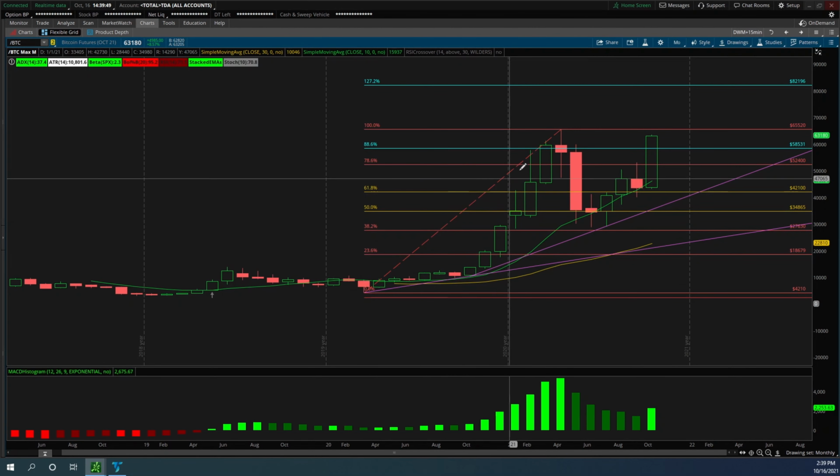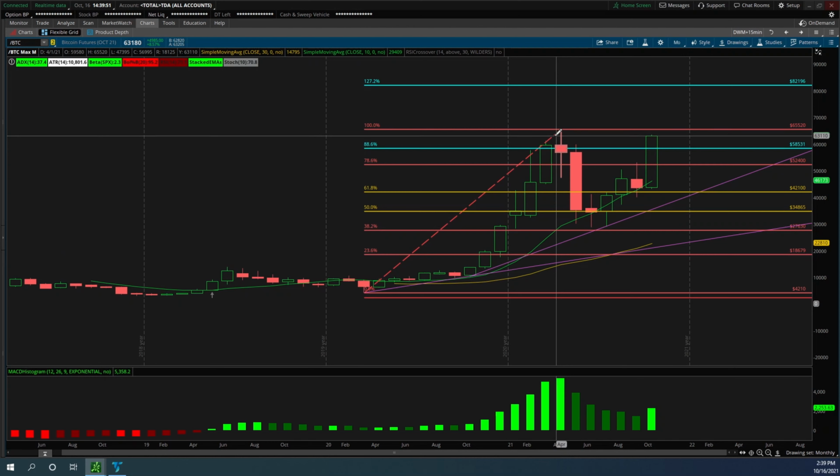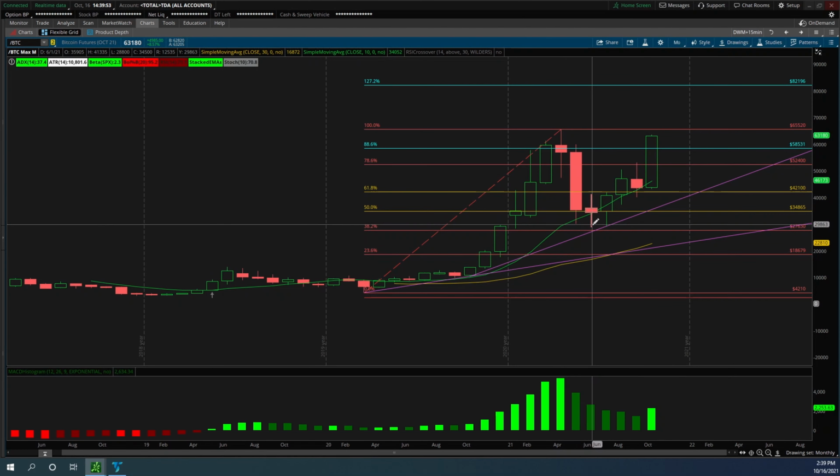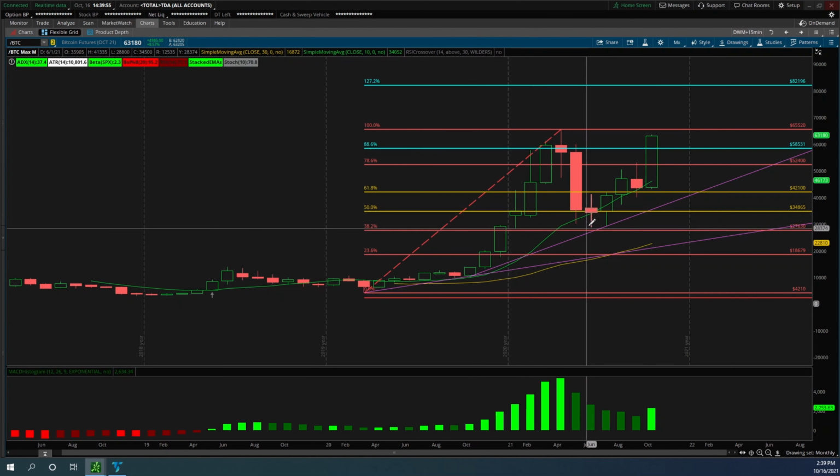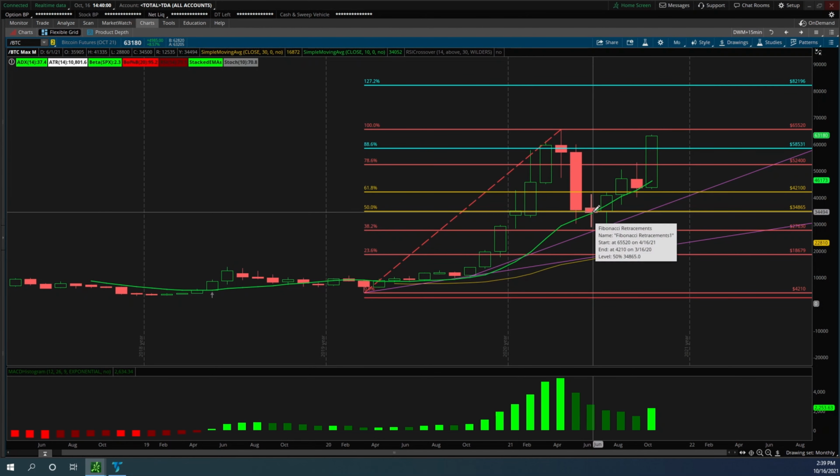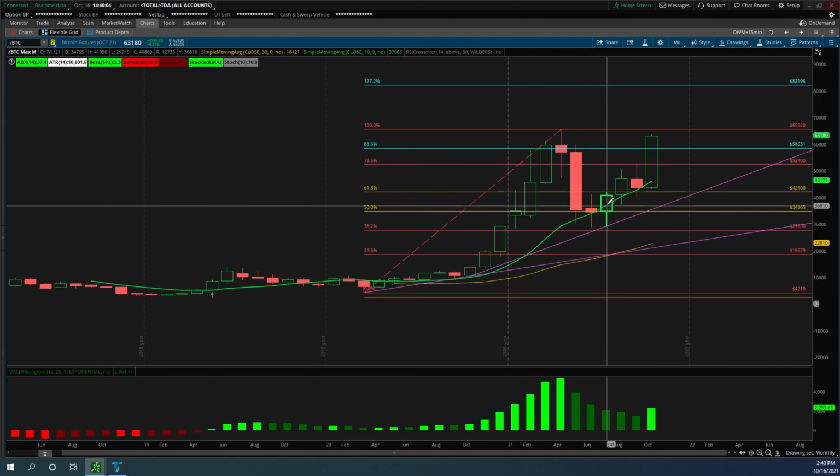The Bitcoin went all the way up, came back down, almost hit the 38.2%, but it stayed above the 50 or just below in June, and then July, it started to move back again.